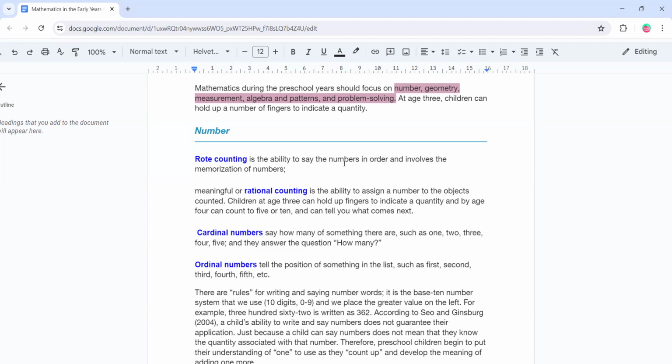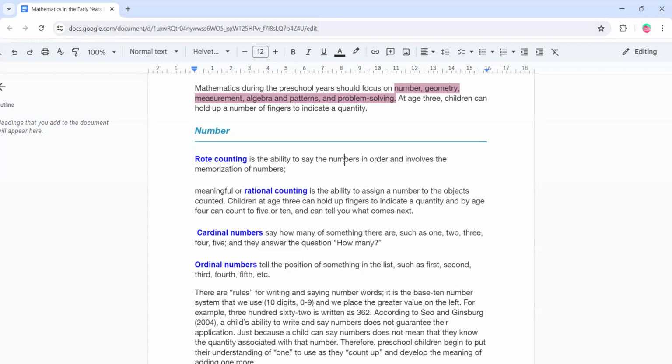Rote counting is the ability to say the numbers in order and involves the memorization of numbers. This is a skill that children should have during their early years. The second type of counting is rational counting, which is also known as meaningful counting. This is the ability to assign a number to the objects counted.